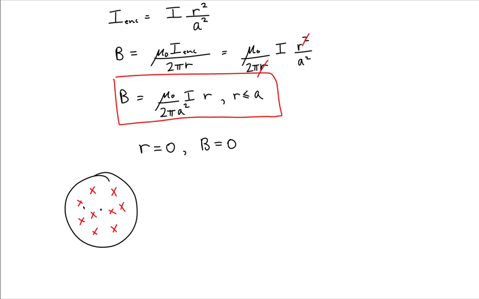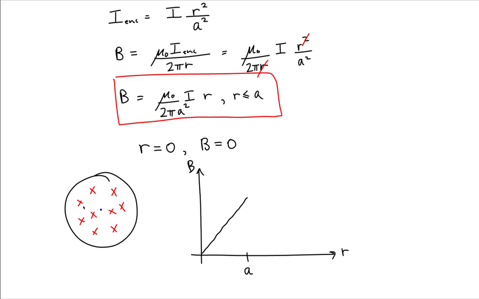And notice also something else about this expression. It says the magnetic field varies linearly with distance from the center of the cylinder. So if we have a horizontal axis representing distance, and a vertical axis representing the magnetic field, and here we'll represent a for the radius of the cylinder, the magnetic field varies linearly until we get to the cylinder's radius.